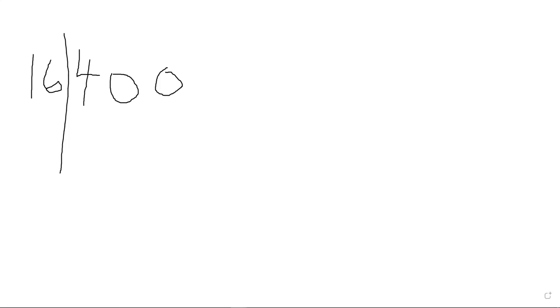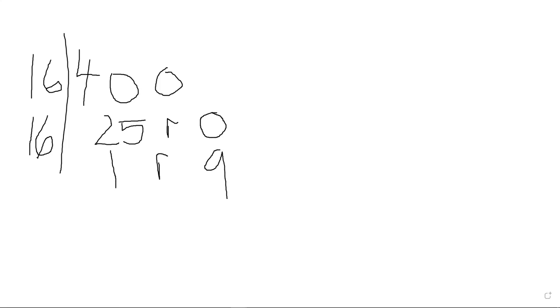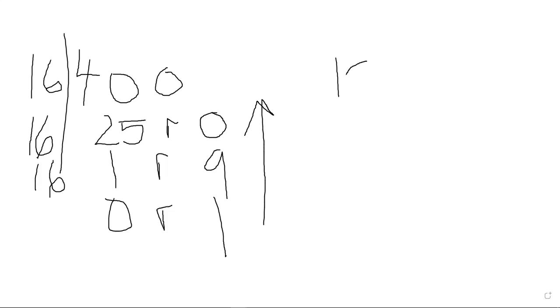We get 25, and the remainder is 0. Now we say 16 into 25, it's 1, and the remainder is 9. 16 into 1, the answer is 0, the remainder is 1. So 400 in hexadecimal is 190. So this is how we write numbers in hexadecimal form.